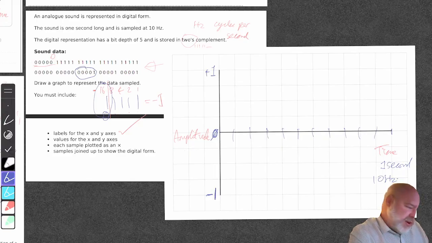So what's the very first value? 0, 0, 0, 0, 0, 0. So that's going to be the very first, let me use a different color, that's going to be the very first sort of marker. Then we can sort of draw a line over there.